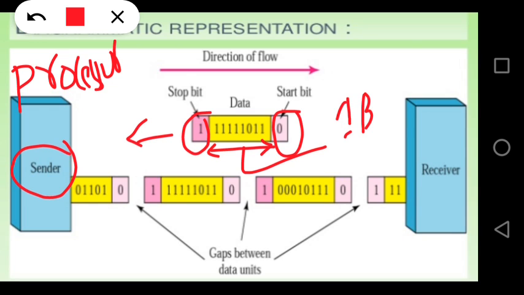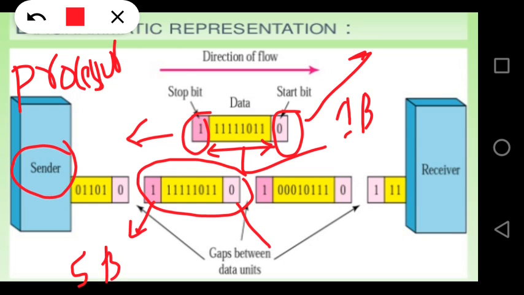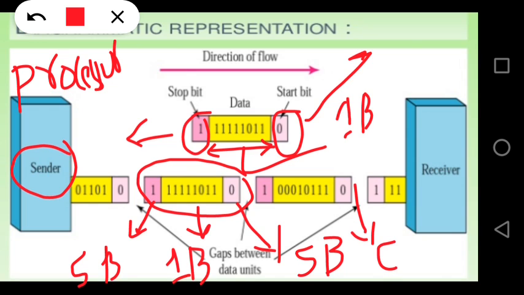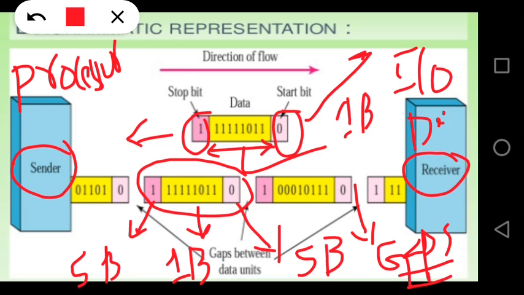This is called the start bit and this is called the stop bit. This is one byte of information, with its start bit and stop bit. And see, these are the gaps, and the gaps need not be the same. The receiver is nothing but the IO device. I hope you are understanding this point.